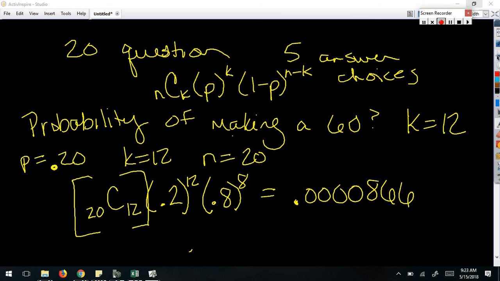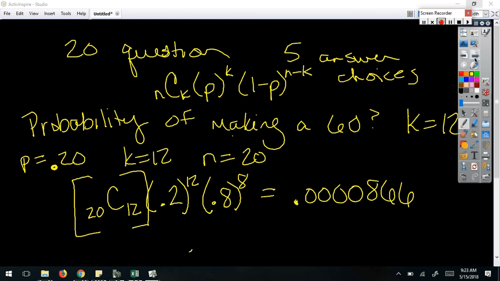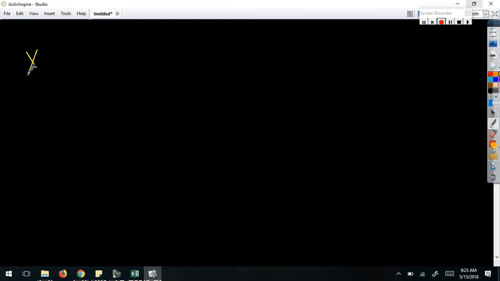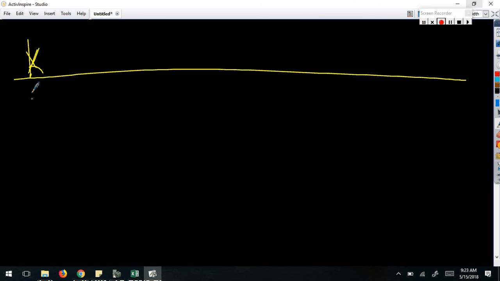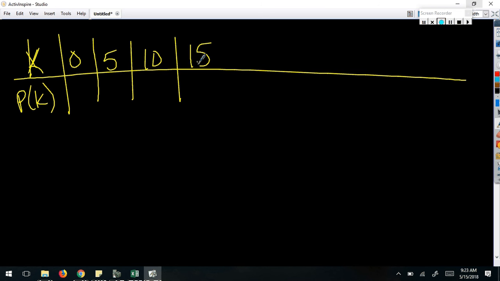Understand, if I'm on a multiple choice test and I'm setting up a probability distribution, what I really have is my K and my probability of K. I could make a 0, a 5, a 10, because they're 5 points apiece, a 15, a 20, all the way up to 100.